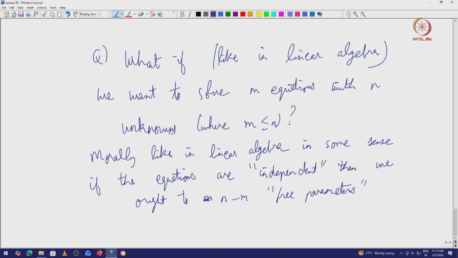What does this mean? Suppose in linear algebra you solve m linear equations with n unknowns. So you solve Ax equals b, where you have m equations and x is in R^n.